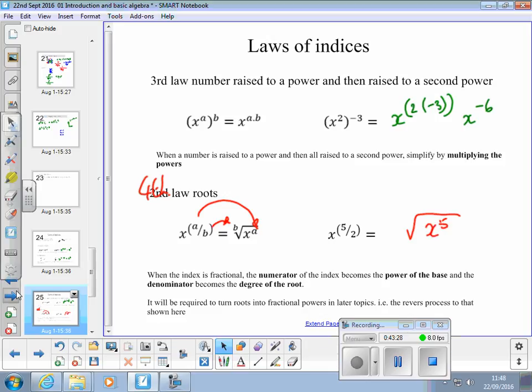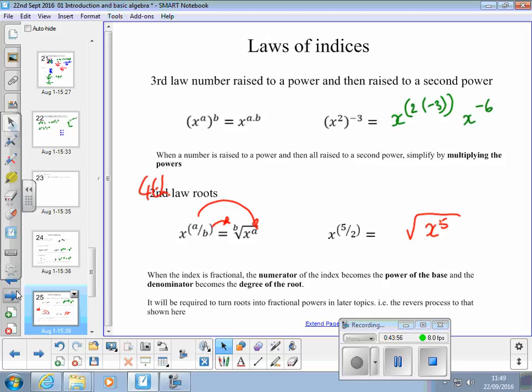Now, what we'll really be interested in with this law is going from the root to the indices form, because we're going to need to do that, certainly quite a lot, when we do our calculus. We can't do calculus on roots in that form. We need to put them in indices form to do that.